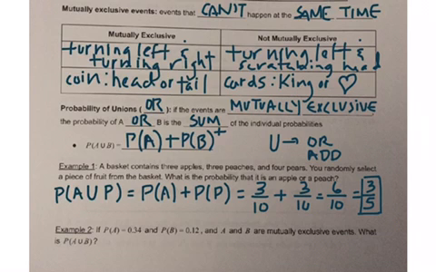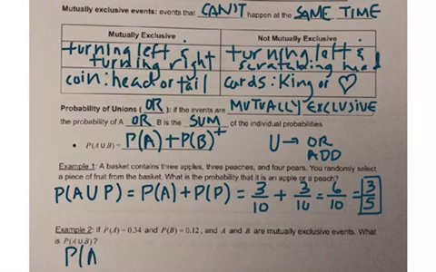Here's some of the notation. It says if the probability of A equals 0.34 and the probability of B is 0.12 and A and B are mutually exclusive events, what is the probability of A or B?